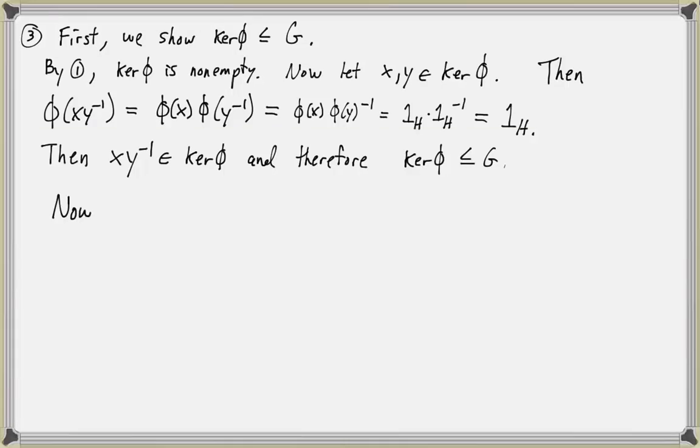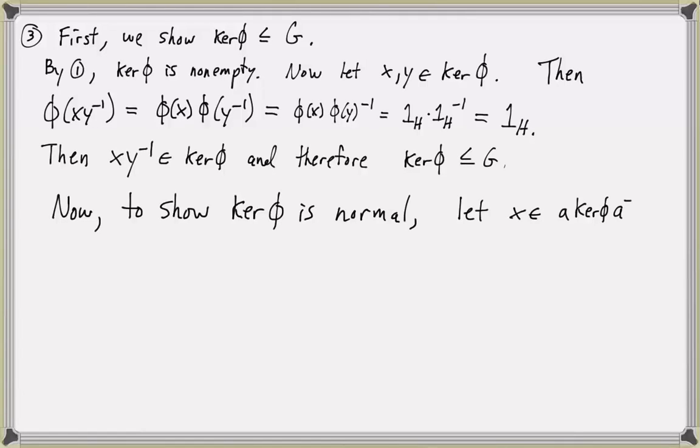So now, to show that the kernel of phi is normal, let x be in the coset a kernel of phi a inverse for some arbitrary element a in G. Then I can write x as a y a inverse for some y in the kernel of phi.